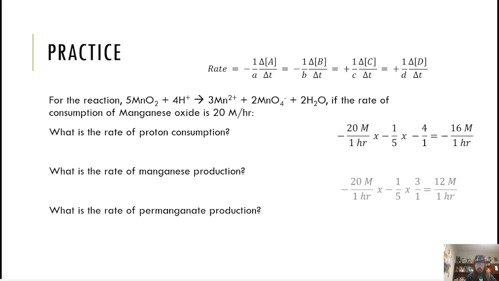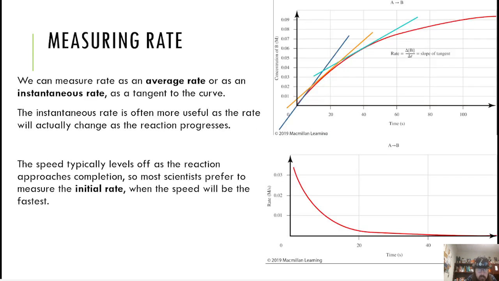However, determining a reaction rate is an entirely different beast. So we have to figure that out. And how do we figure that out? That is going to be experimental, as we will see.